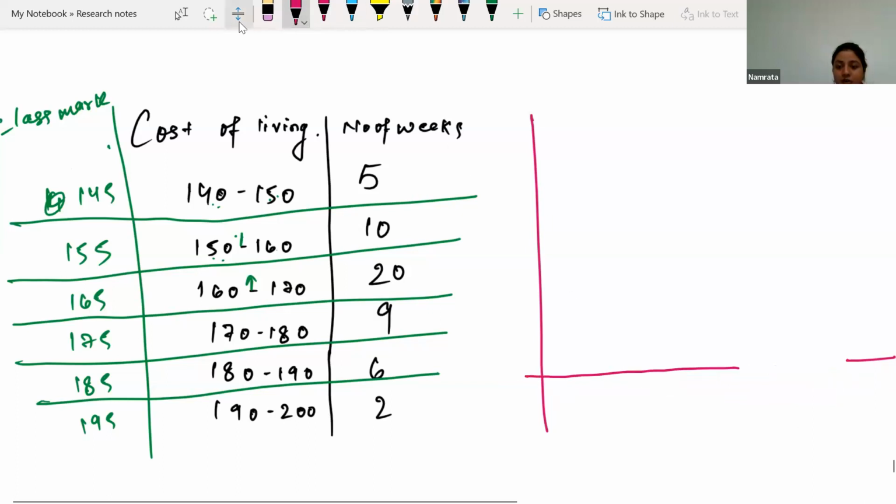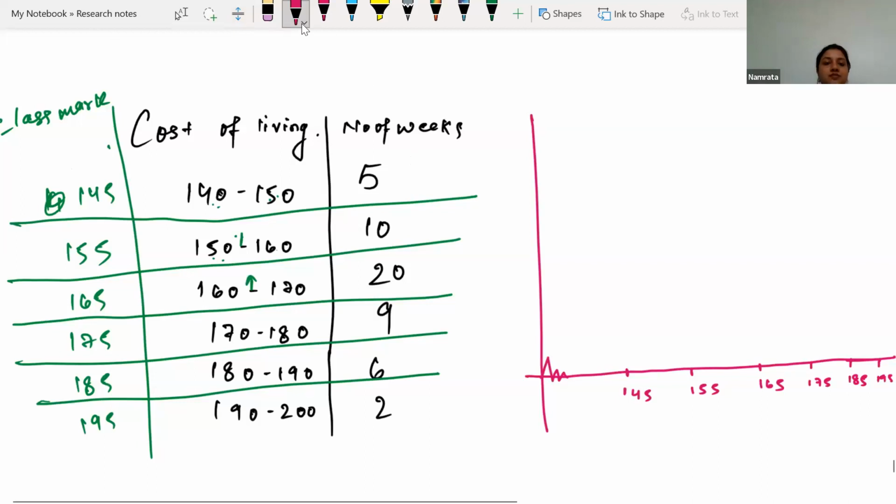Here obviously a kink will be there because our first midpoint is 145. So I am taking only the class marks 145, 155, 165, 175, 185, 195. Let's mark it.